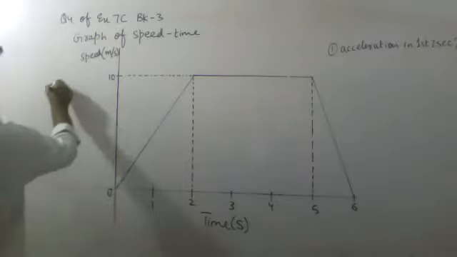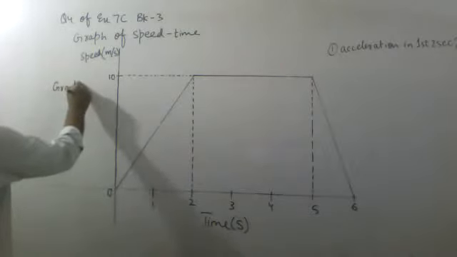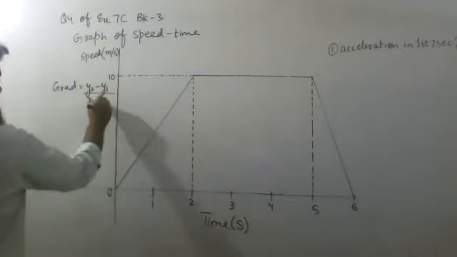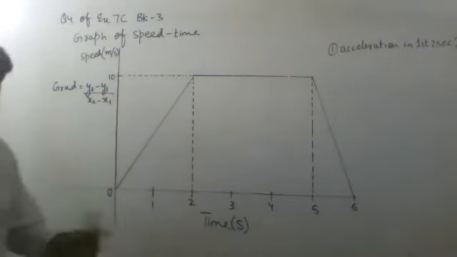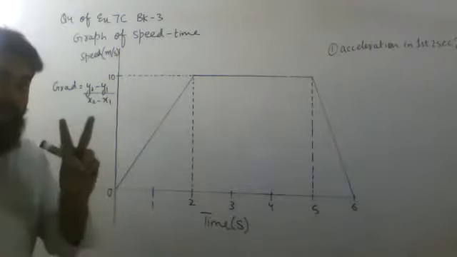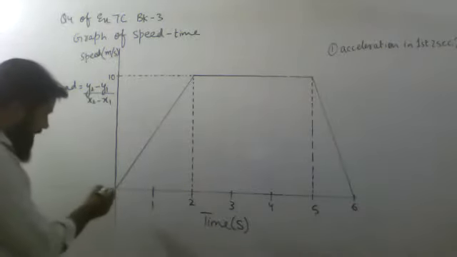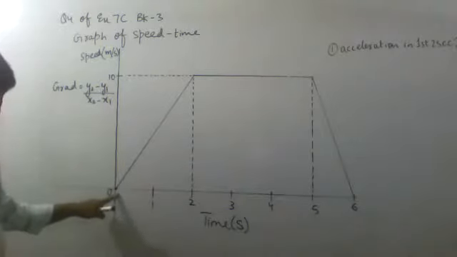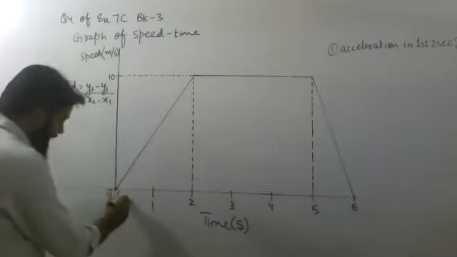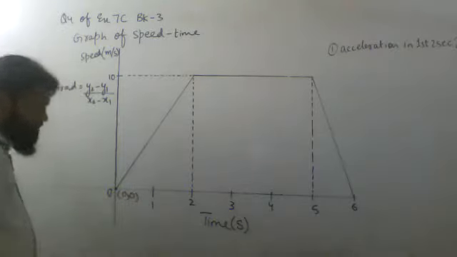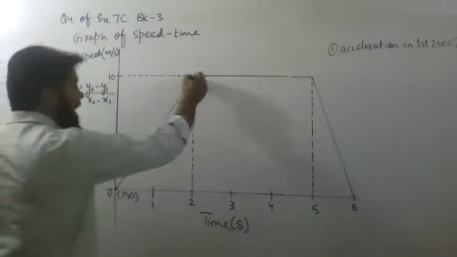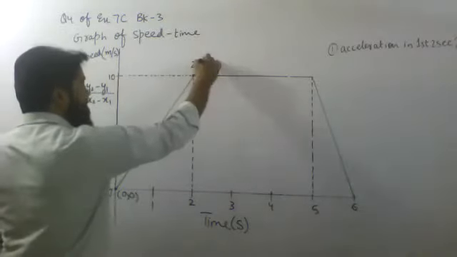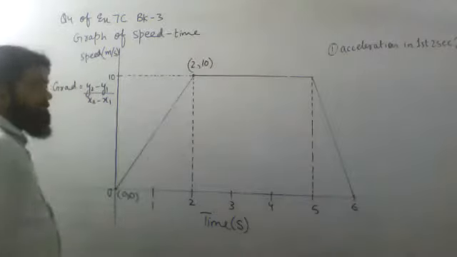For gradient, we know that the gradient formula is y2 minus y1 upon x2 minus x1. So which 2 points can I take for gradient? I need 2 coordinate points. On this line, I am taking this point where the coordinate will be 0, 0, and I am going to take this point where the coordinate will be 2, 10.